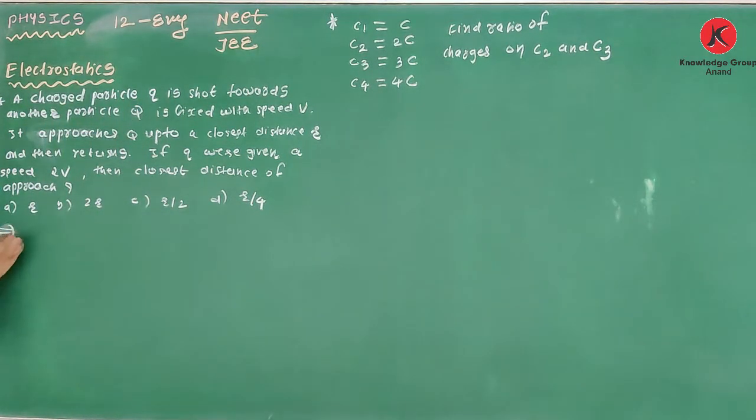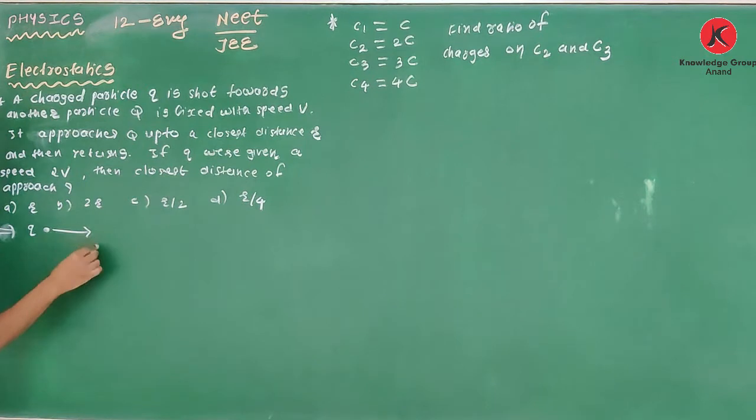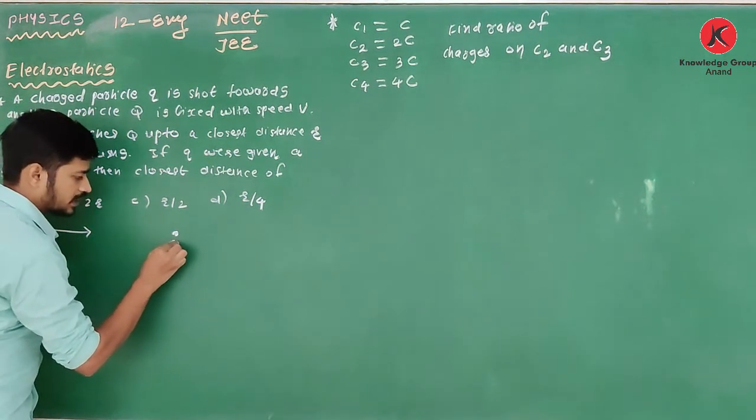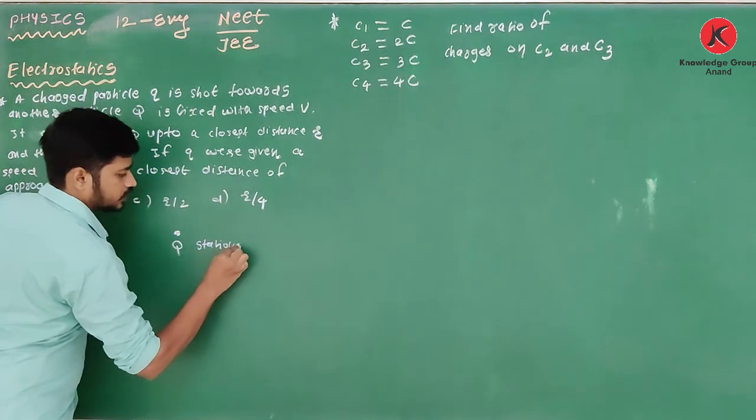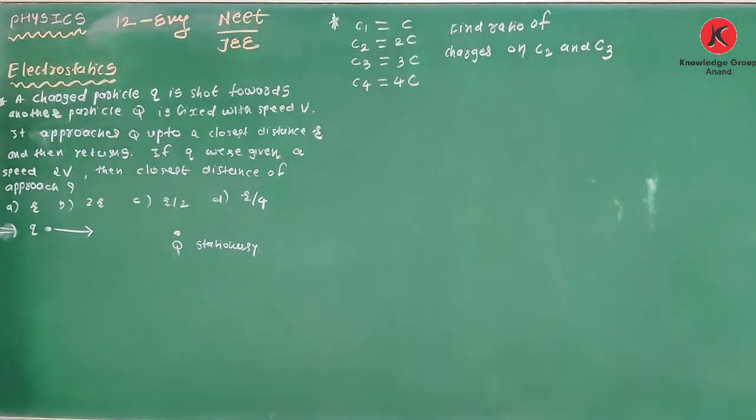If we have this charge q, which is moving with velocity v towards another charge Q, which is stationary and fixed. As it is shot towards the other particle, q is a positive charge and capital Q is also a positive charge, so there is a repulsive force between them.